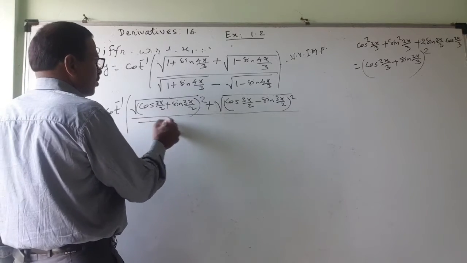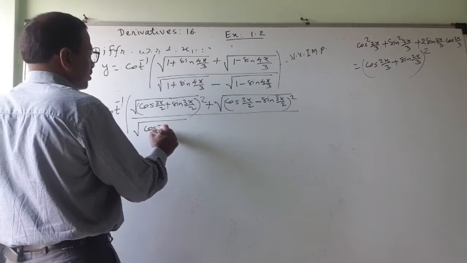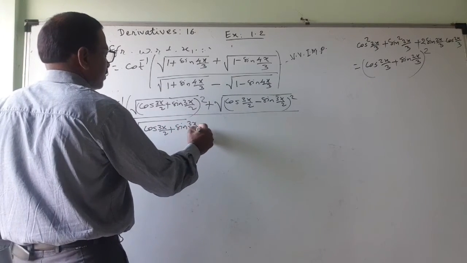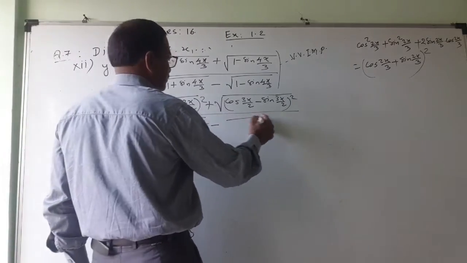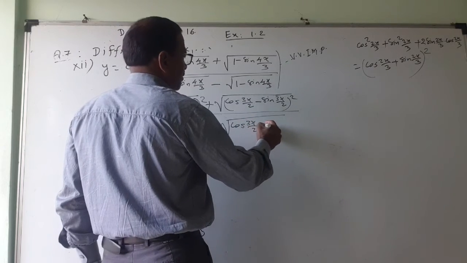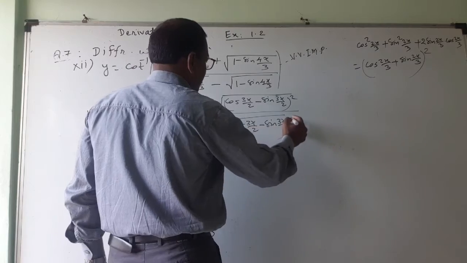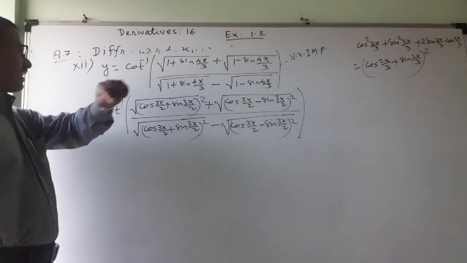This will be also cos of 2x upon 3 plus sine of 2x upon 3 bracket square, minus cos of 2x upon 3 minus sine of 2x upon 3 bracket square. Now this root will get cancelled.